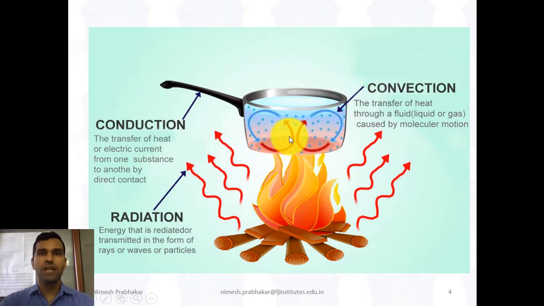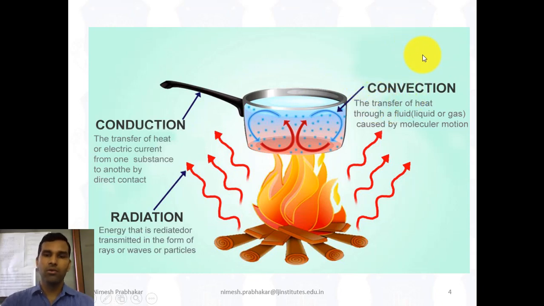So this is a transmission of heat energy. By using these phenomena, heat transfer is possible: first conduction, second radiation, and third convection.